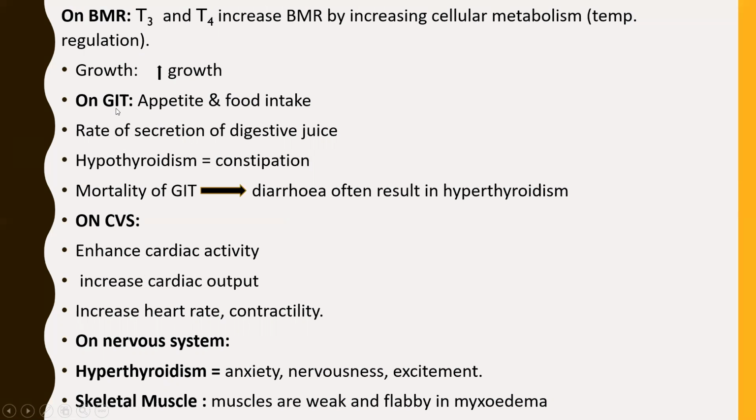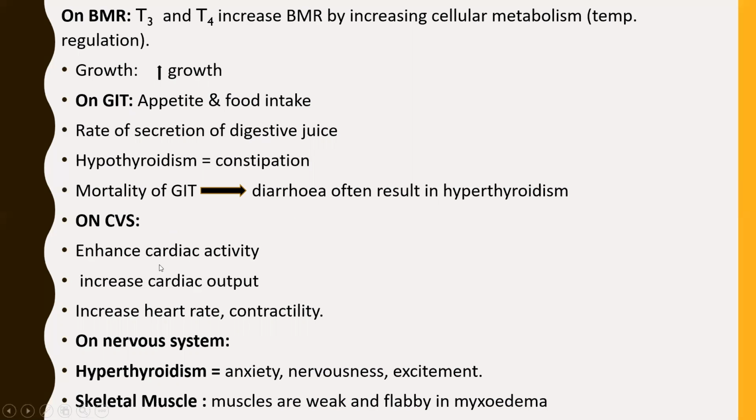On GIT, thyroid hormone causes increased appetite and food intake, and rate of secretion of digestive juice. In hypothyroidism, constipation occurs; in hyperthyroidism, motility of GIT increases and diarrhea often results.